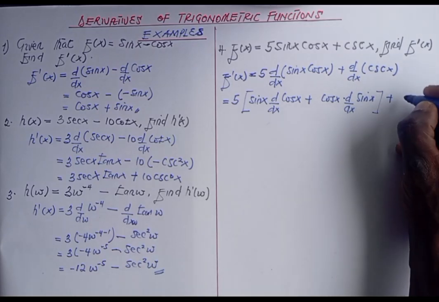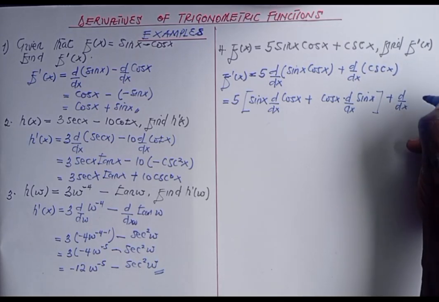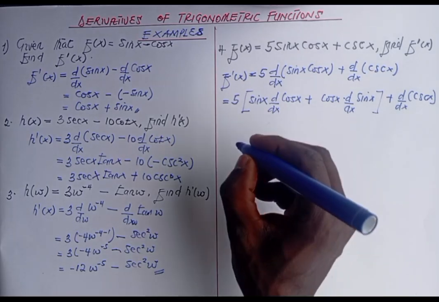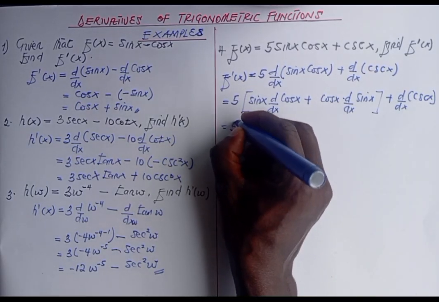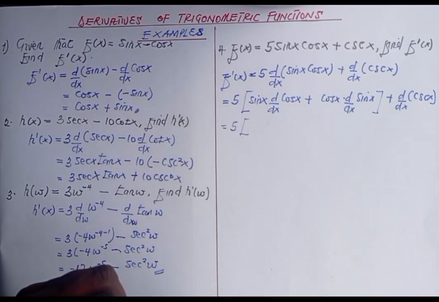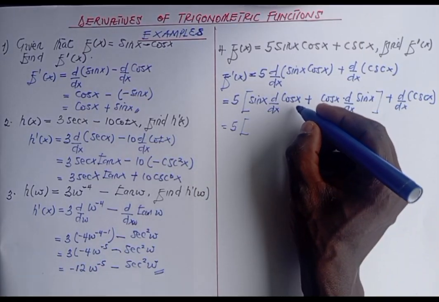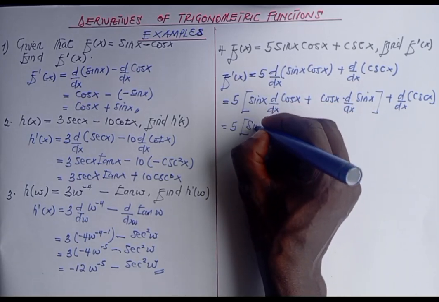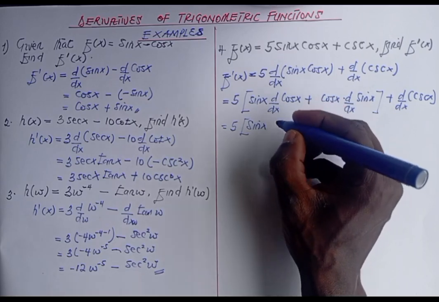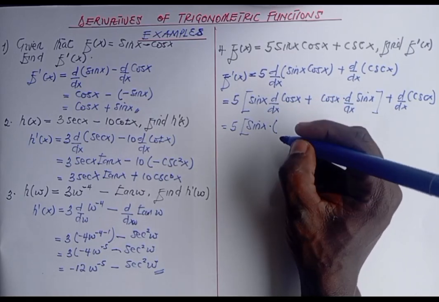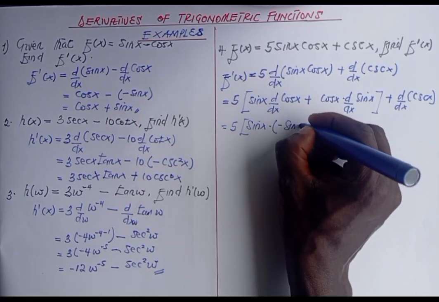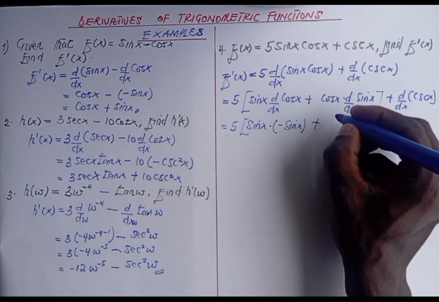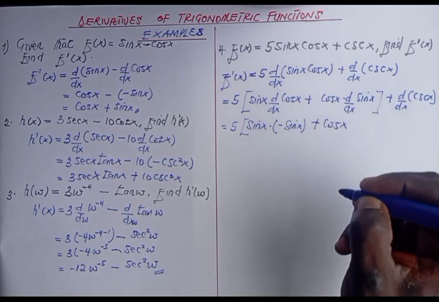Then we have the derivative of cos x. So we are going to get 5. Now when we differentiate cos x, what are we getting? But we have sine here, so let's write the sine first. Sine, and then you differentiate cos x, we are getting negative sine of the angle x, and then we have plus cos x.